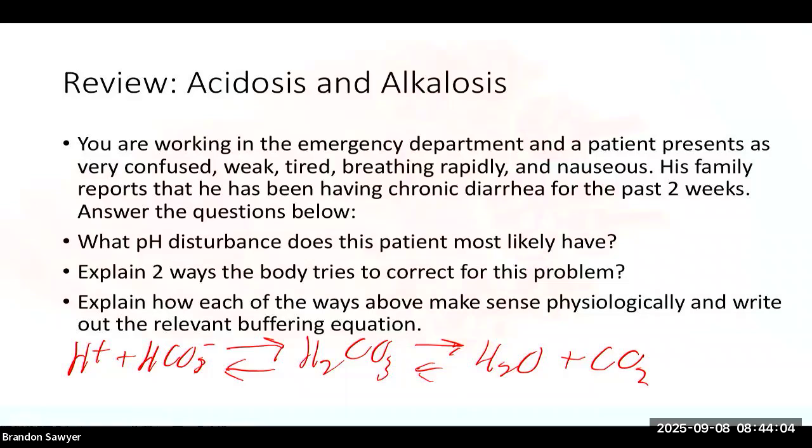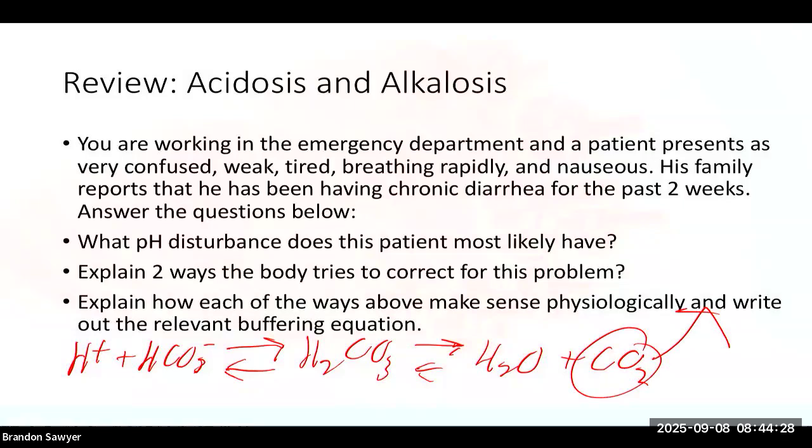So when we have a bunch of extra hydrogen ions, it's the base that needs to help us with that, so it's bicarbonate. The hydrogen ions are going to bind to the base here, which then becomes the acid, carbonic acid, and then that can dissociate into water and CO2. If we're breathing a lot, then we can get rid of this CO2.